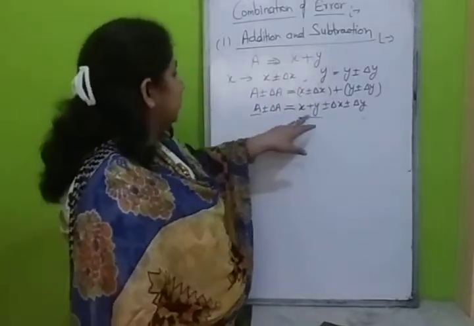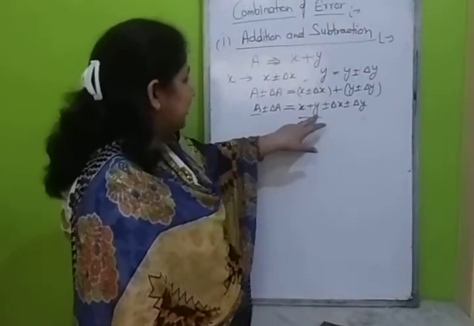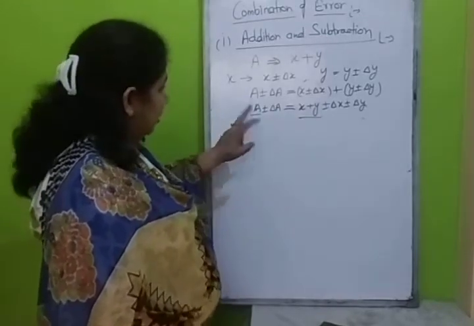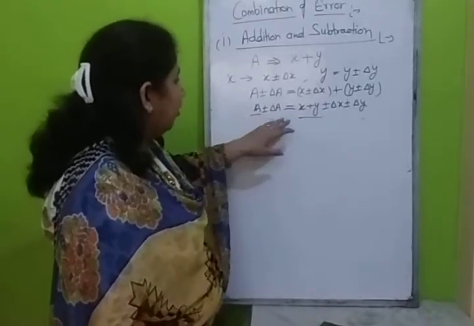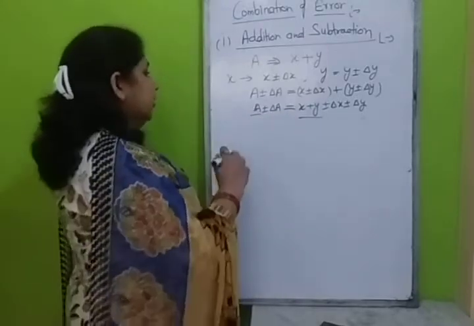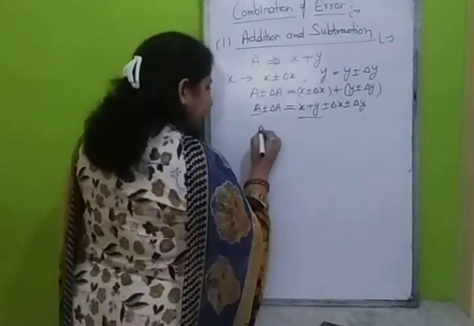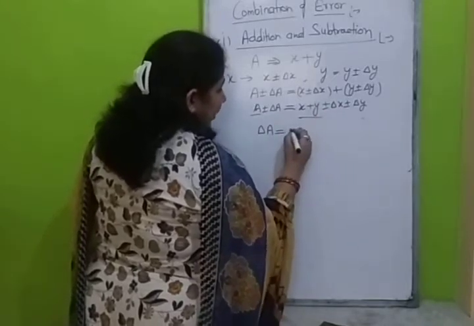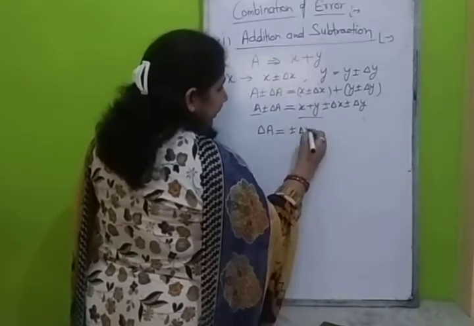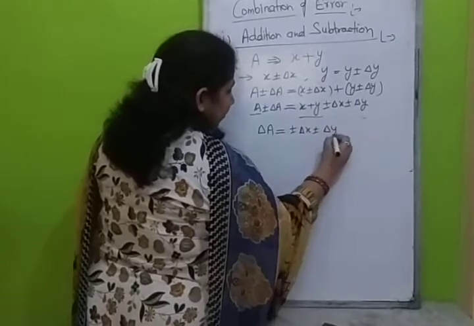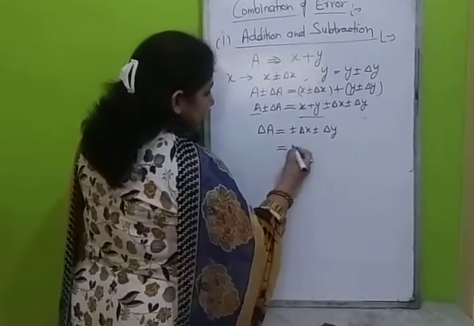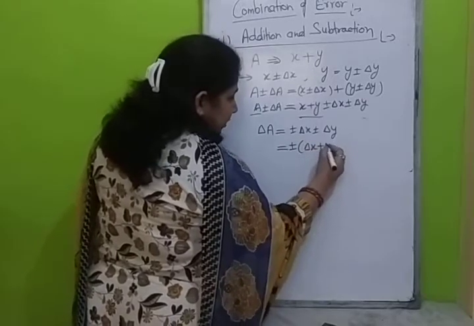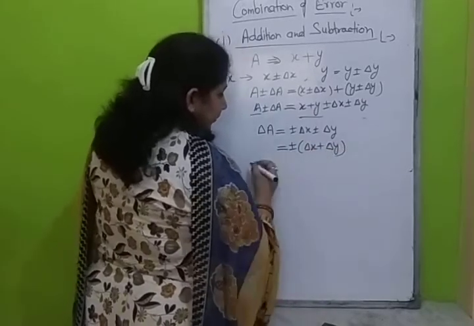The true value, the sum, should be the resultant of x plus y. But we have some amount of addition or subtraction with it. This will be the error. And what is the error equal to? Plus minus delta x plus minus delta y.